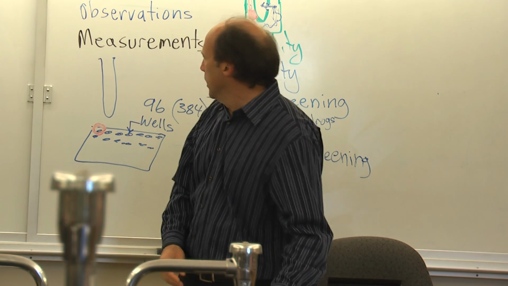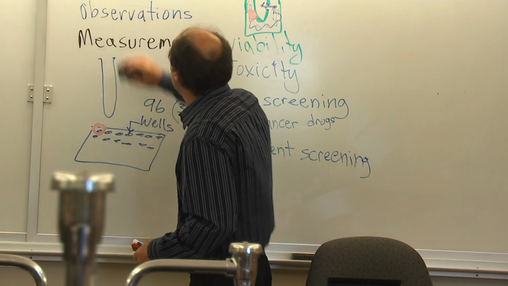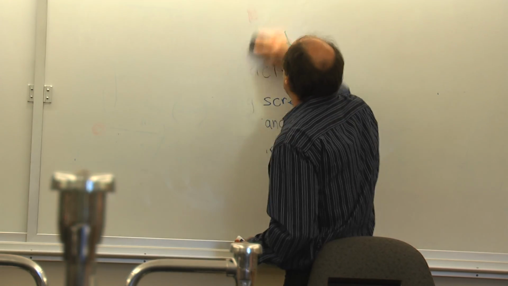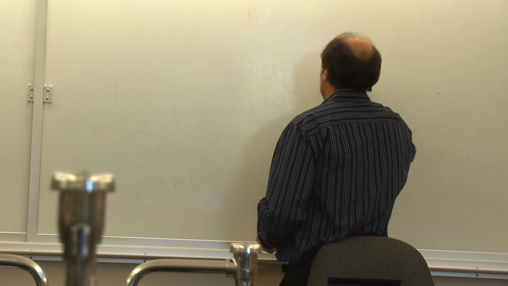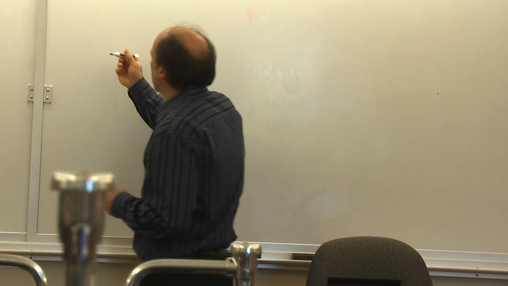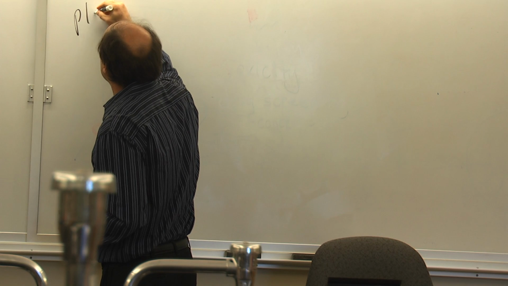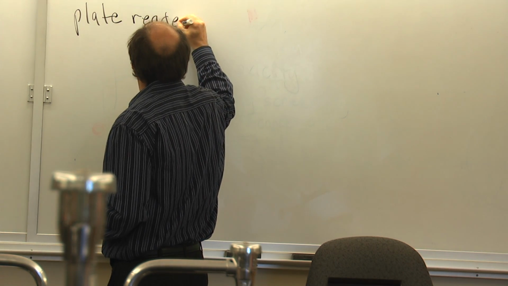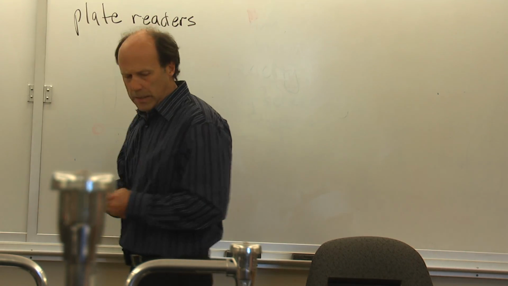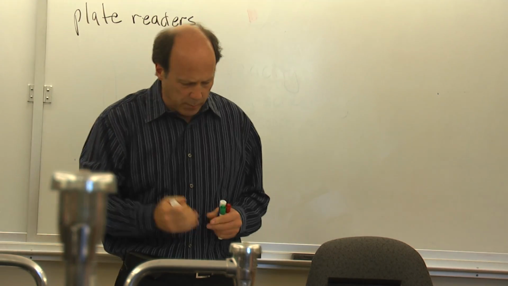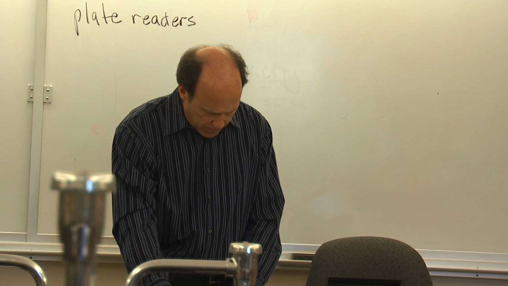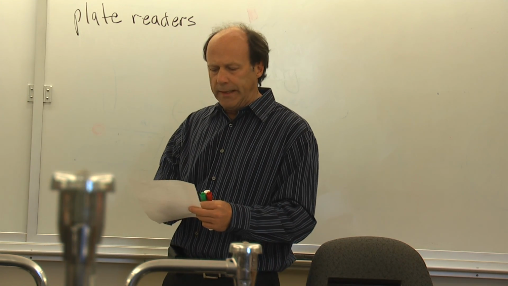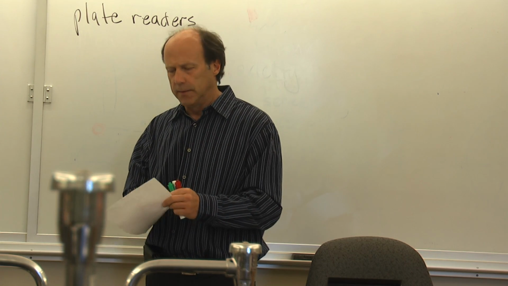So what are those machines? Those are plate readers. These multi-well plates are read in plate meters. And typically what they're measuring is some sort of light.